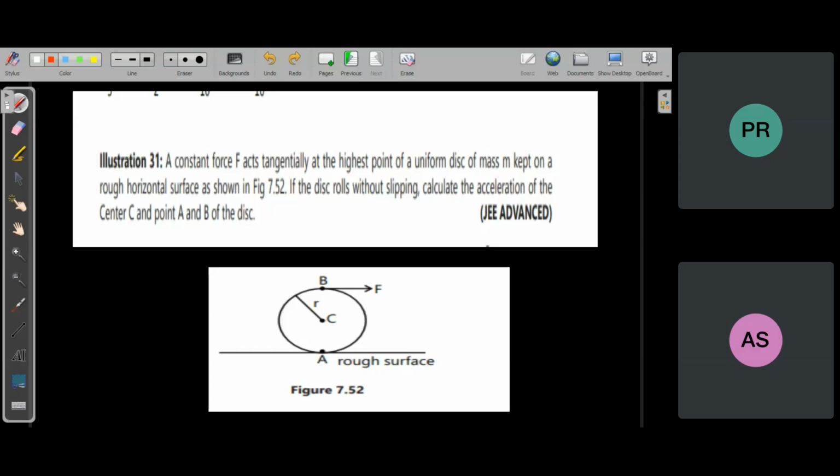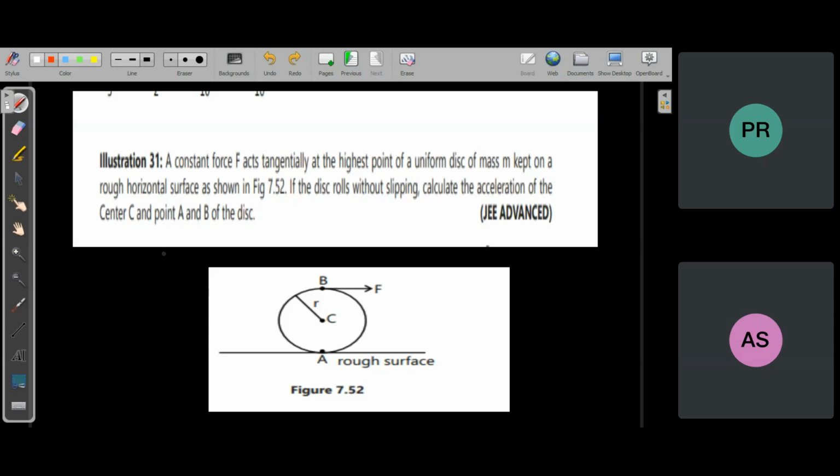Sir, capital F minus small f into R equals to half m into A, where A is the acceleration.